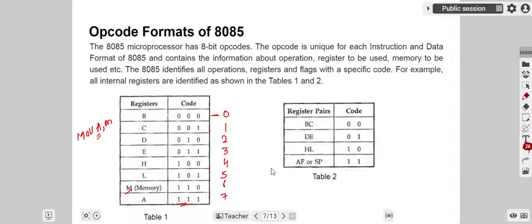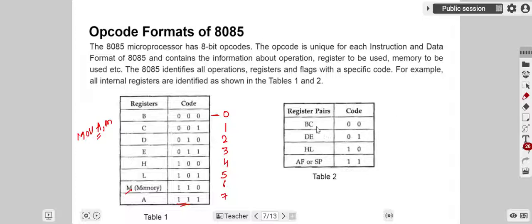Now you get how a register is specified, or how a memory location specified by the HL register pair, that is capital M, is specified. Similarly, how are these register pairs specified?